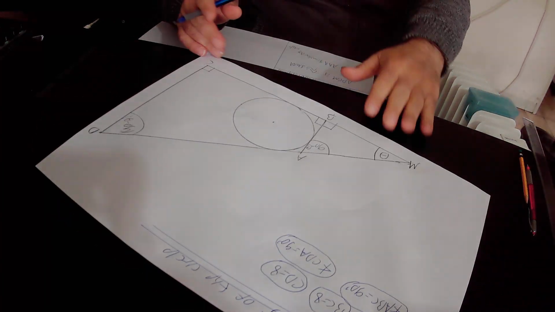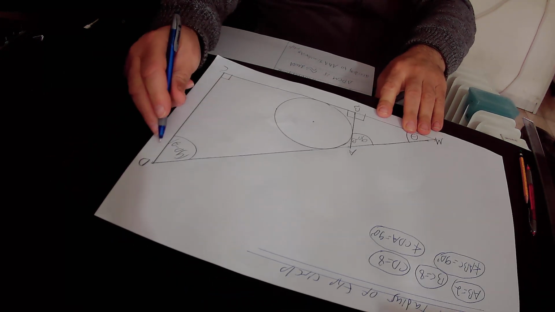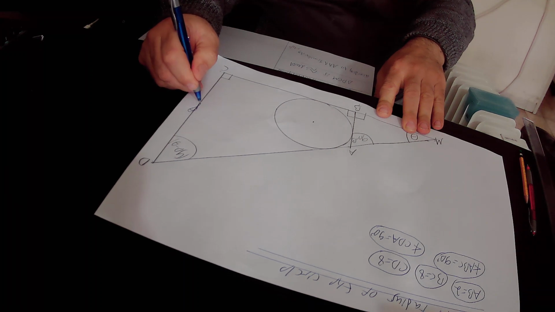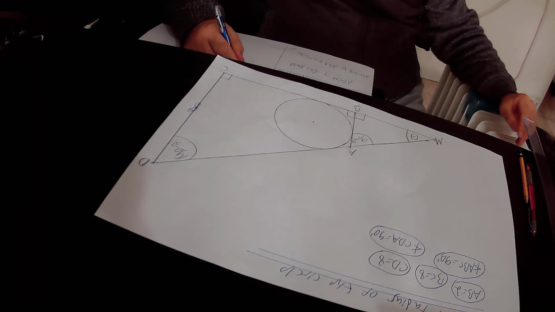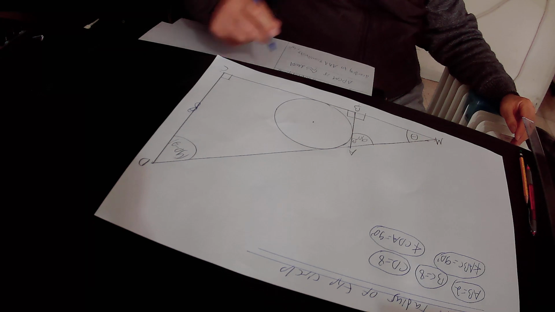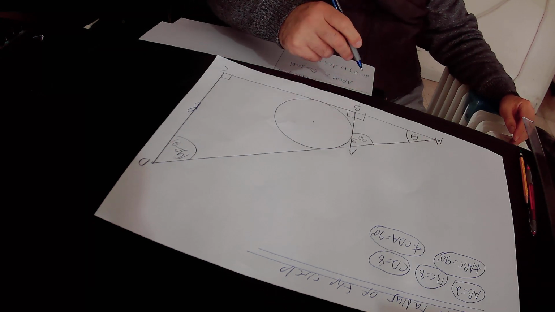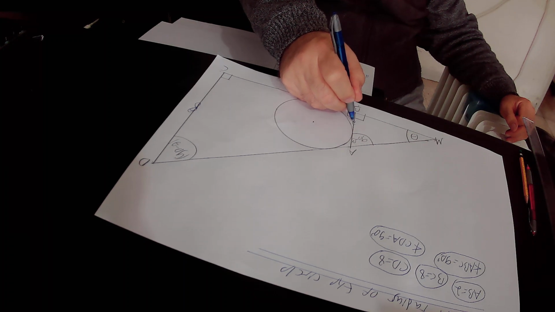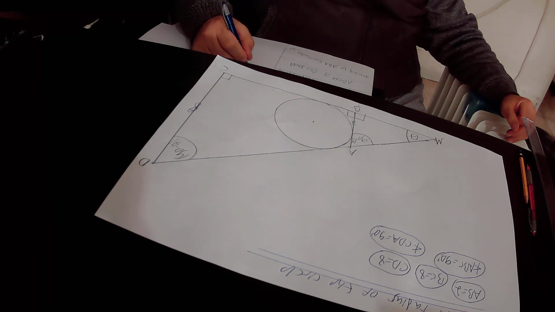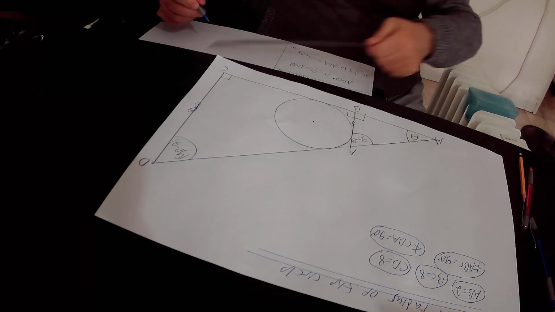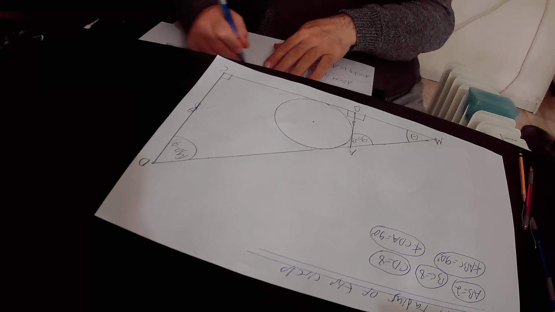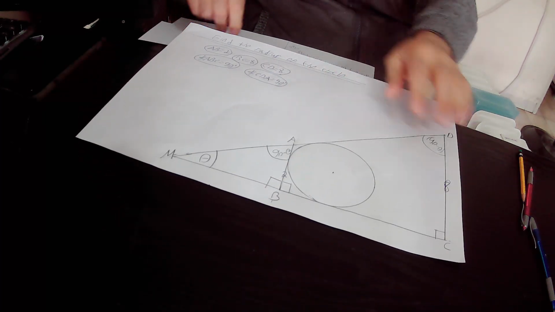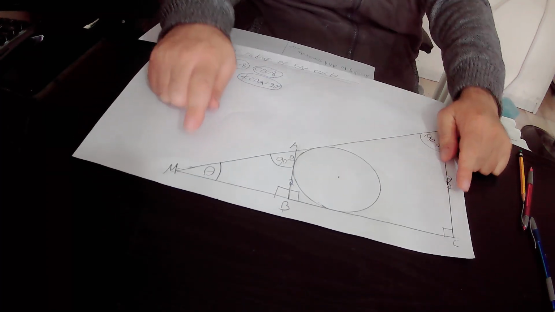According to what is given in the question, side DC equals 8 units in length, so we substitute DC by 8 over AB. AB equals 2 units, so we substitute AB by 2, and it equals CM. What is CM?